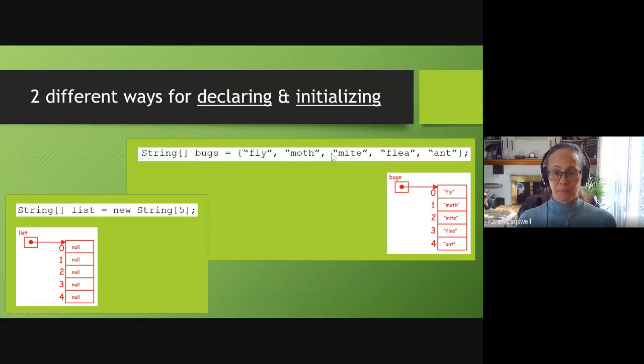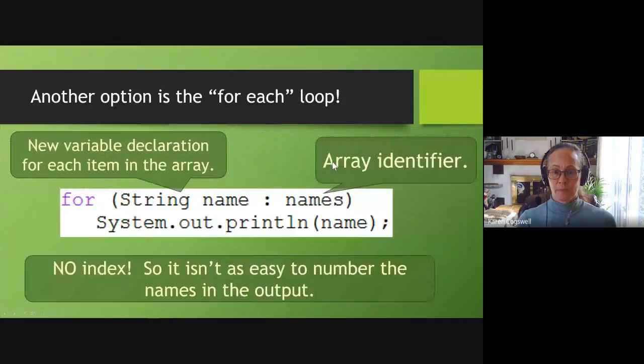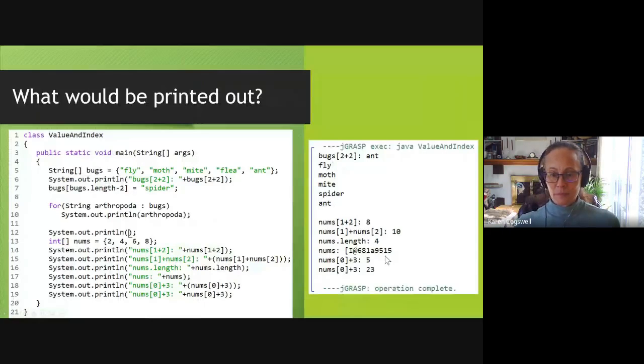Okay, so back to here. All right. So hopefully you understand now when it says plus nums, nums is the pointer. It is the reference. It's not any of the values at all. If you want to get to any of the values, and each of the values has its own index, you have to refer to it by that index. You can't refer to a whole clump of them at once. Now, the last two print lines are very interesting as well.